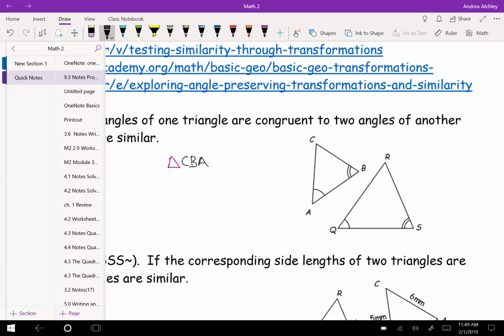So triangle CBA is similar to triangle. R has to go with C, right? Okay. Then B goes with S and A goes with Q. Any questions over that? Okay.